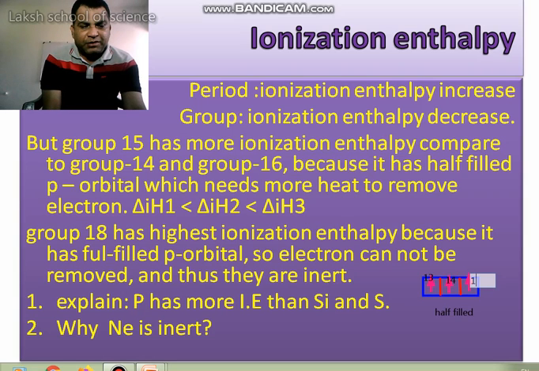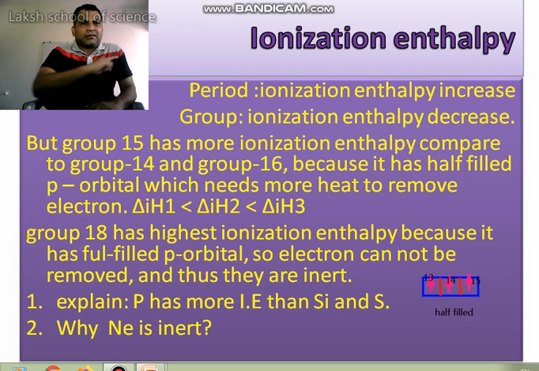From this half filled electronic configuration, it is not easy to take out an electron. So this was the talk of the 13th group, this is for the 14th group and this is for the 15th group.